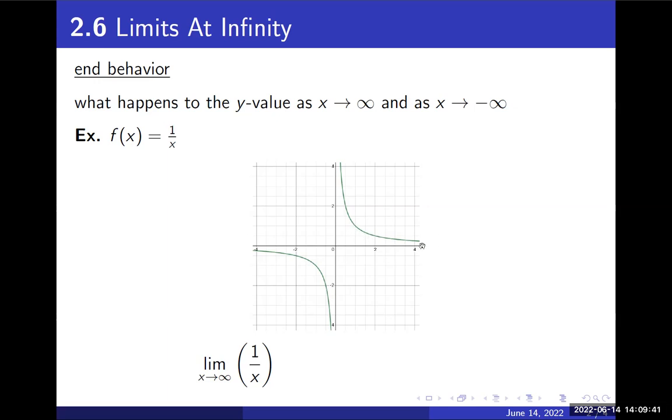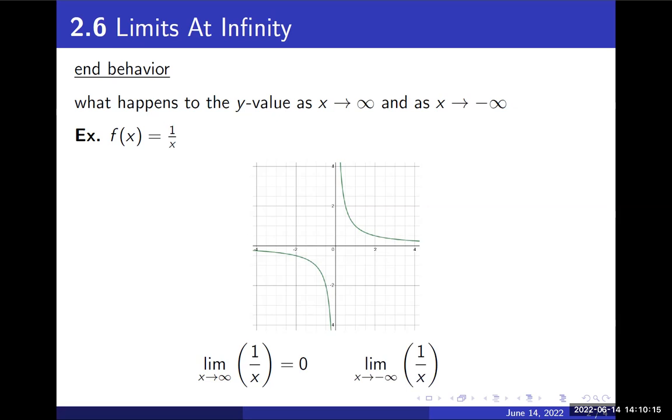Well, because of this horizontal asymptote, as x gets bigger, that y value is coming down and it never actually reaches the x-axis. It never reaches y equals 0, but it gets closer and closer to it as x gets bigger and bigger. So the answer to the limit as x approaches infinity for 1 over x is 0.